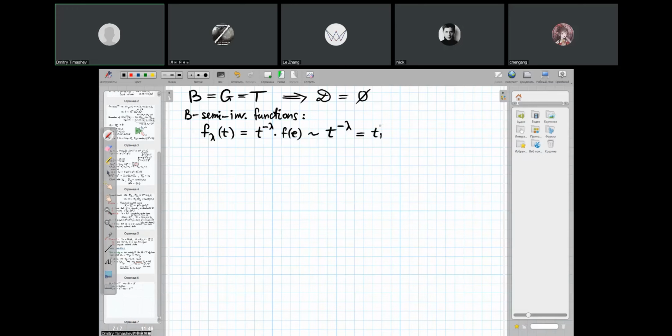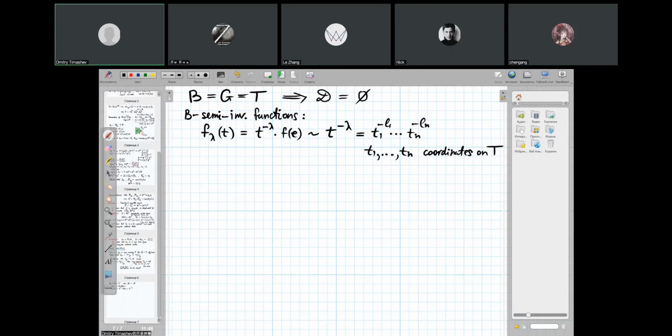Let me write it like this: T1 to the power minus L1, etc., Tn to the power minus Ln, where T1, ..., Tn are coordinates on T. For instance, if your T is realized as the group of diagonal matrices of size n by n, then T1, ..., Tn are just diagonal entries.